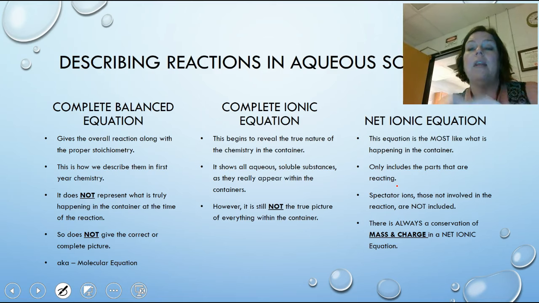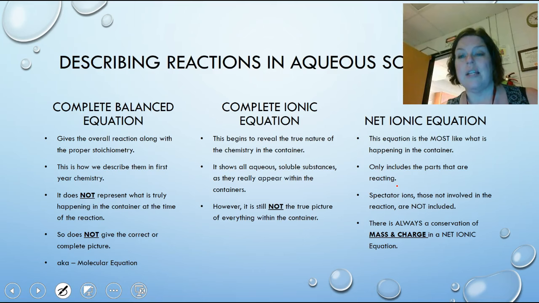So we end up with the net ionic equation, and this is most like what's happening in the container, most like what matters, what's happening in the container. So it only includes the parts that are reacting. Anything else that's not reacting is considered a spectator, and we don't write it down. So in the beaker that we saw before, potassium and nitrate were spectators. We don't write that down. We always make sure we conserve charge and mass when we're talking about these.